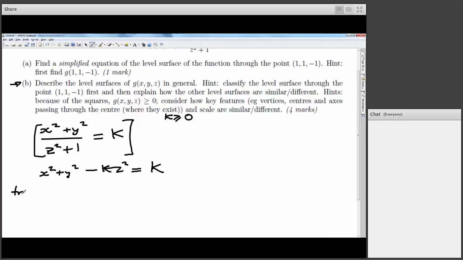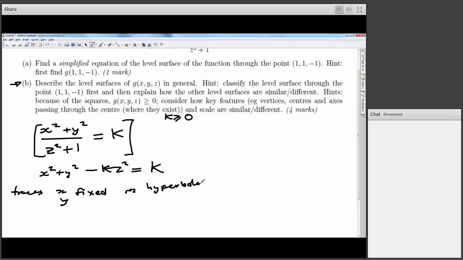So again, let's take different traces. If you fix x or y, in both those cases, you're getting a difference of squares left over. So that gives you your hyperbolas.